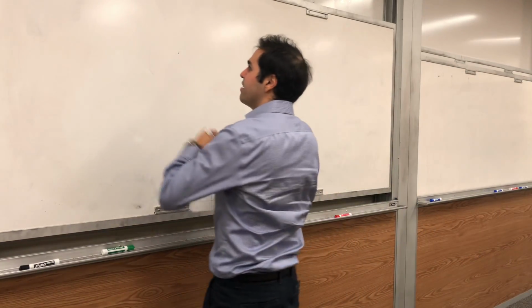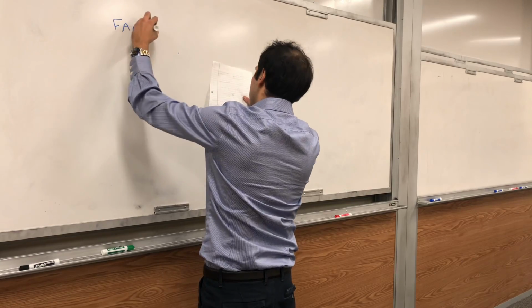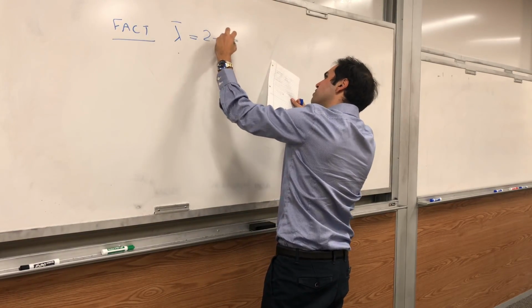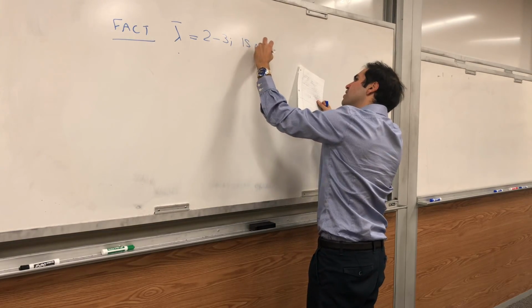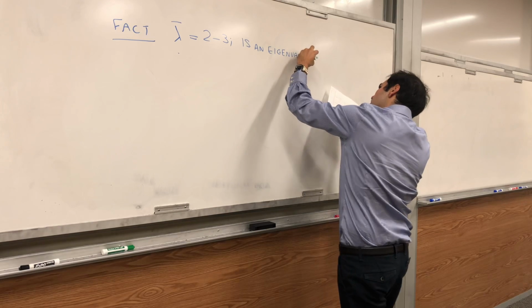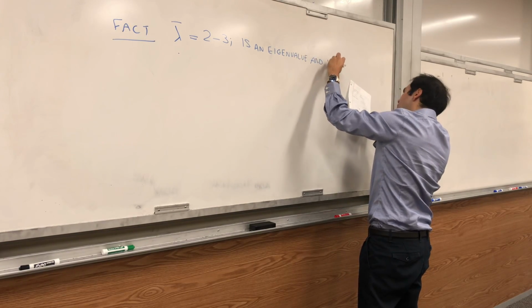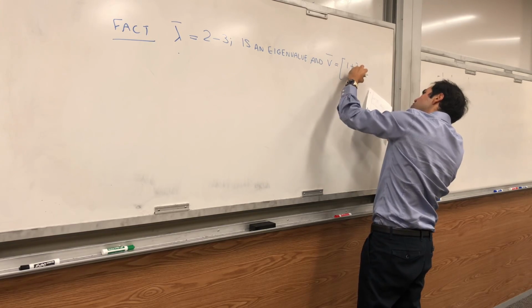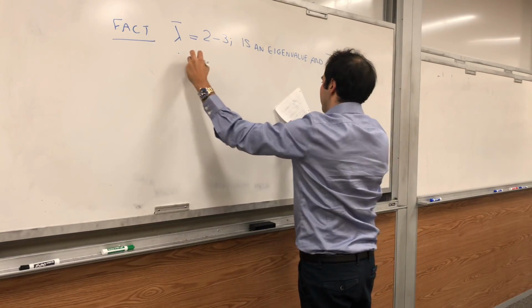So fact. Lambda bar, which is 2 minus 3i, is an eigenvalue. And v bar, which is, in this case, 1 plus 3i, 2, is an eigenvector.